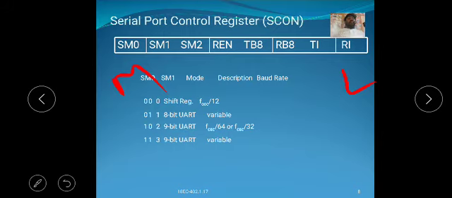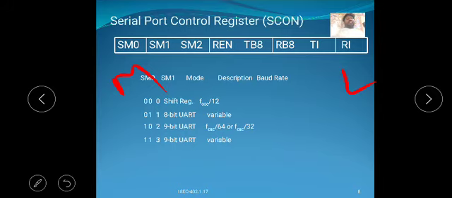SM0, SM1, the mode, description and baud rate. Here 00 is mode 0.